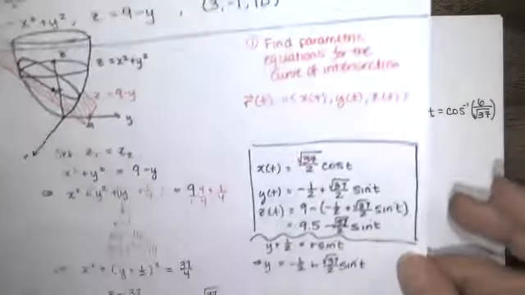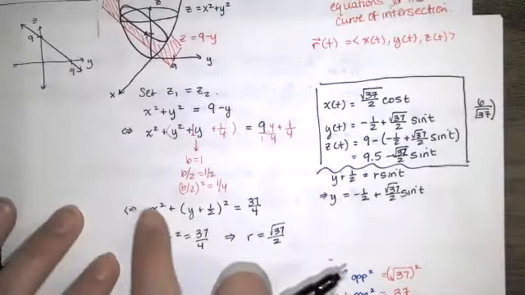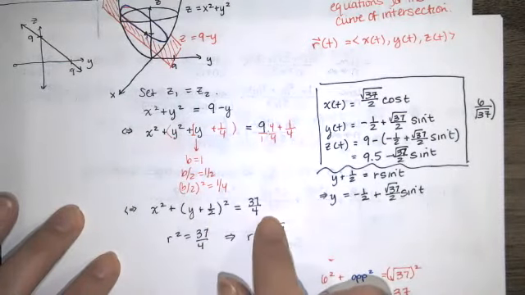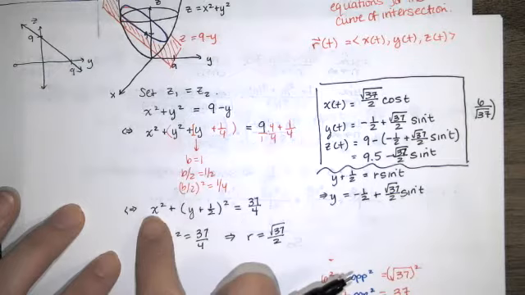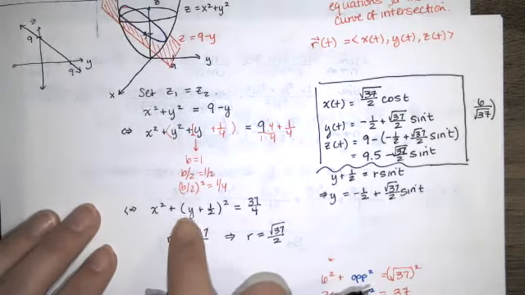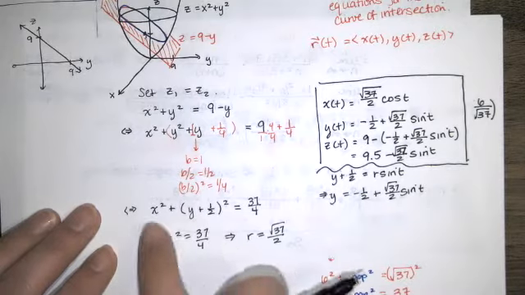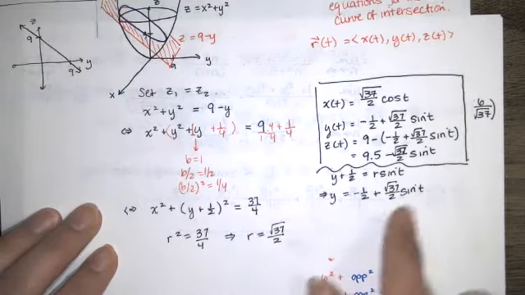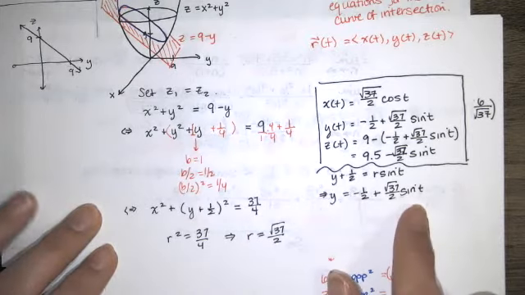The reasoning is this. I've got x squared plus y plus 1/2 squared equals r squared. So if I let x equal r times cosine of t, and I let y plus 1/2 equal r times sine of t, that will satisfy this equation. And that's what we did, and that's how we ended up with this.